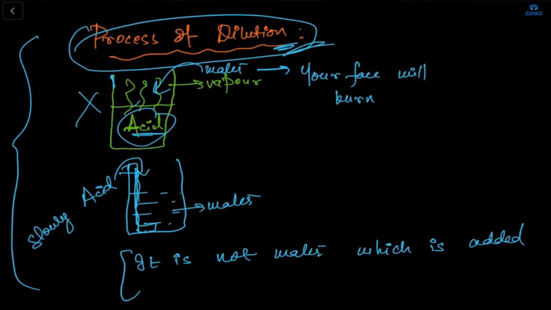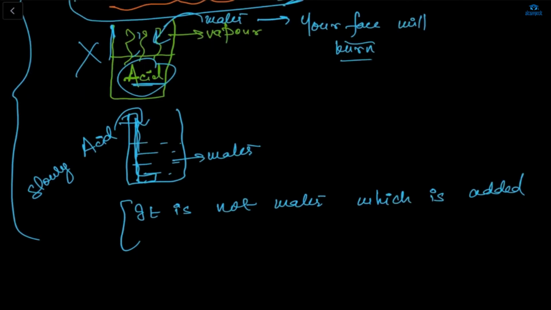Okay. Now the topic is the process of dilution. What is the process of dilution? Let's say this is my beaker. In the beaker there is acid and the vapor. If we put the water into the acid, then what will happen? The vapor will come out in our face and our face will burn. So we never put the water into the acid. We always put the acid into the water, slowly, and we constantly stir it.